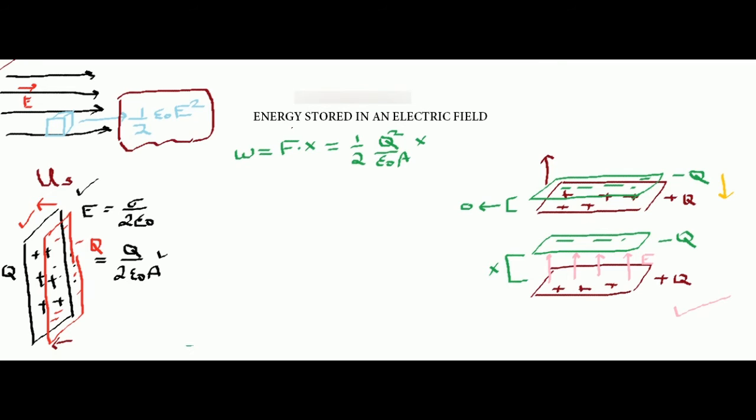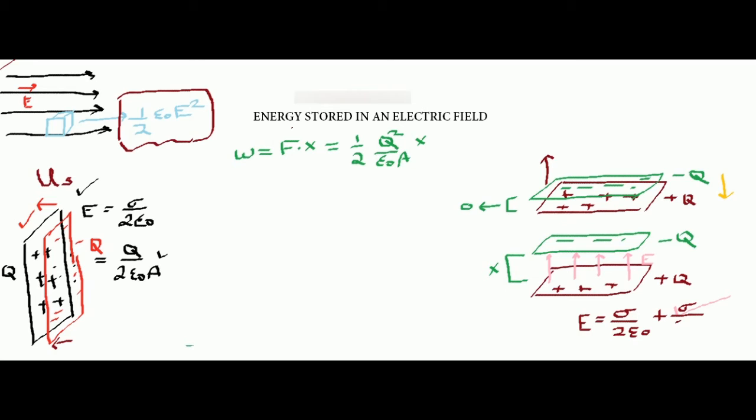Now can you tell me what is the value of this electric field that is created between these two sheets? The value of this electric field is sigma by 2 epsilon naught, that is the electric field created by plus q, and also there is an electric field created by the other charge.